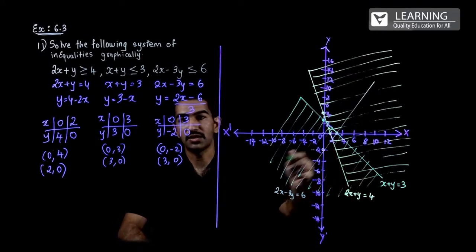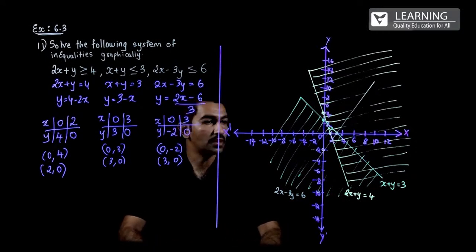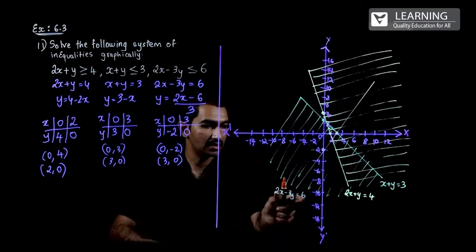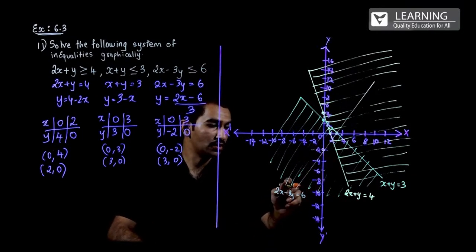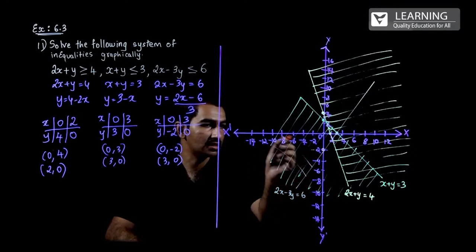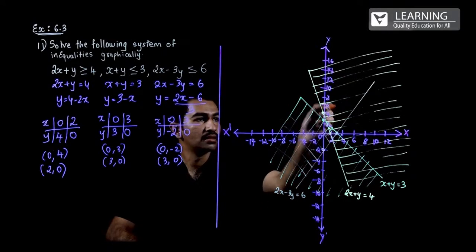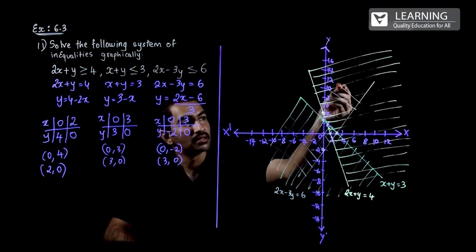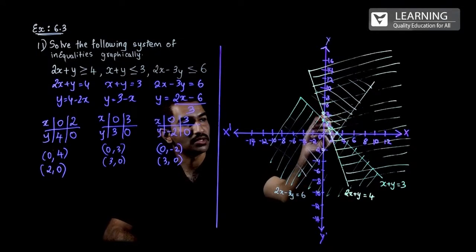Okay, last one. 2x minus 3y is lesser than or equal to 6. Where is 2x minus 3y? This is lesser than or equal to 6. So this is equal to 6, right? This will become more than 6. So lesser than or equal to 6 will be like this. So all this region is lesser than or equal to 6.